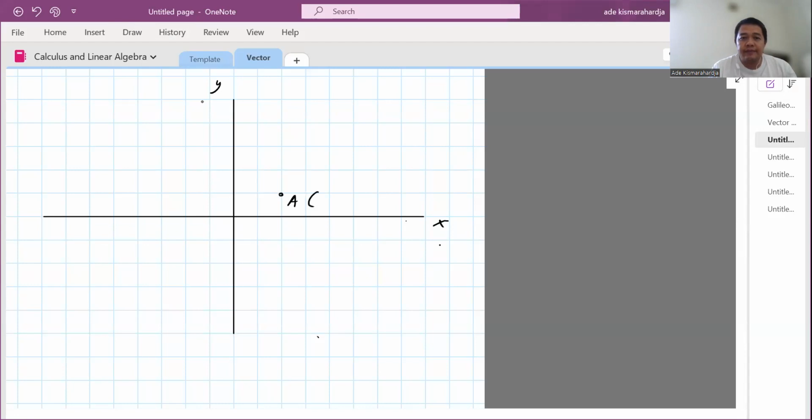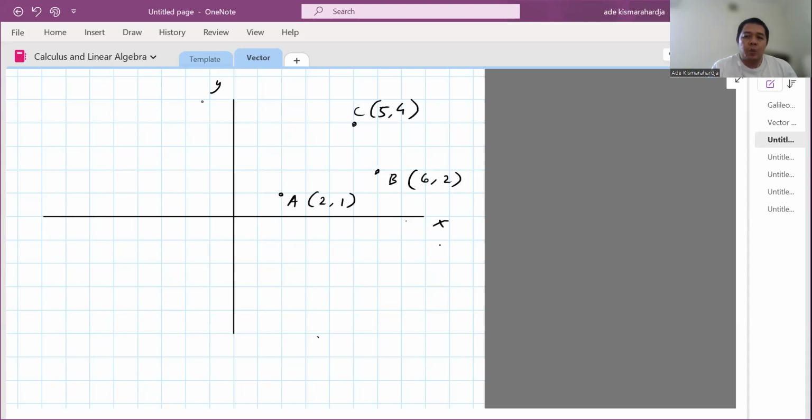Let's call it A. This is located at (2, 1). And we have the second one, B. So let's have B at (6, 2). And then the next one is C, and that's located at (5, 4).